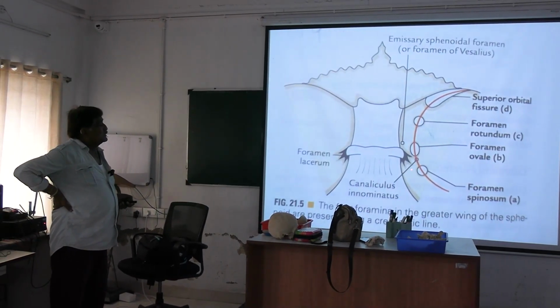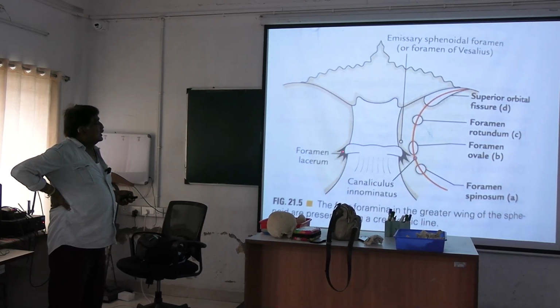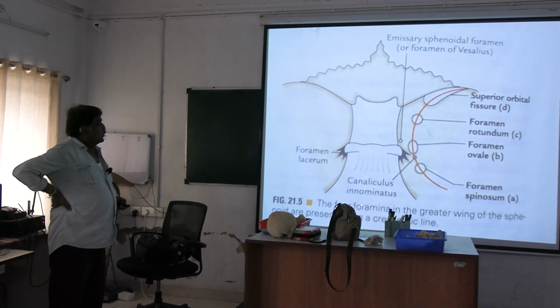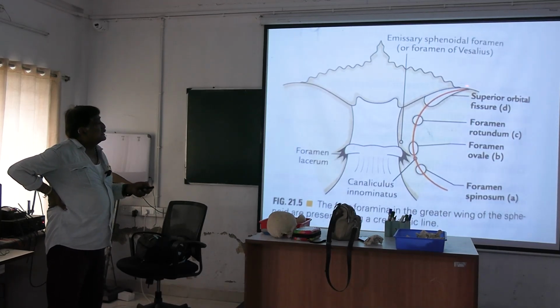canaliculus innominatus, foramen spinosum. Now, foramen lacerum. The four foramina in the greater wing of the sphenoid are present along a concentric line, the crescent.